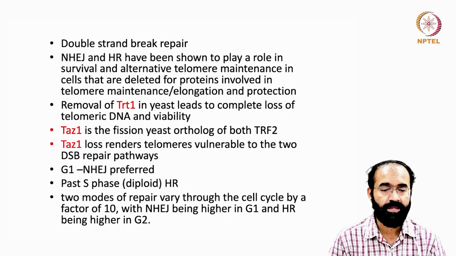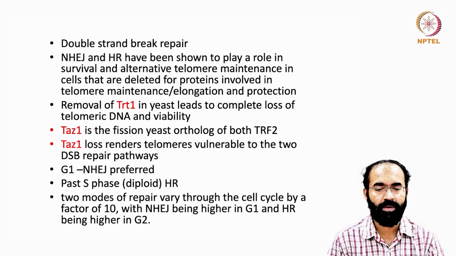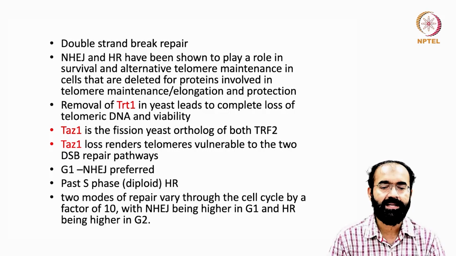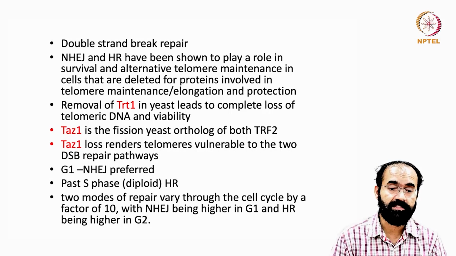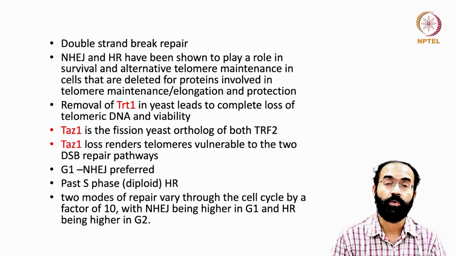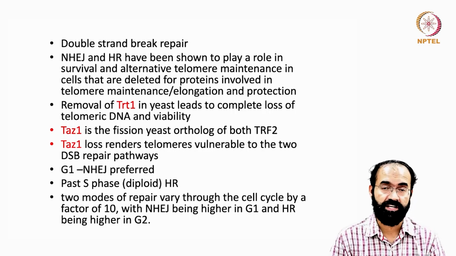if it has to lead a normal life. So non-homologous end joining and homologous recombination, NHEJ and HR, have been shown to play a role in the survival and alternative telomere maintenance in cells that are deleted for proteins involved in telomere maintenance, elongation and protection.